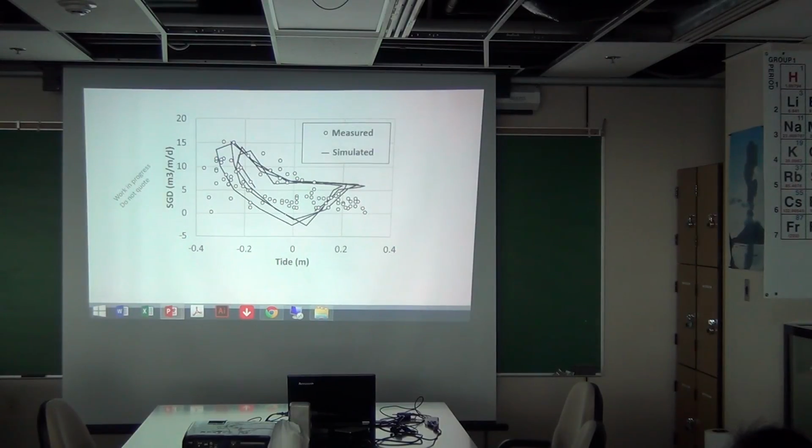I think that's a reasonable explanation because the model provides these lines here. So this is when it's basically rising tide, following a different path from the declining tide, which is interesting.